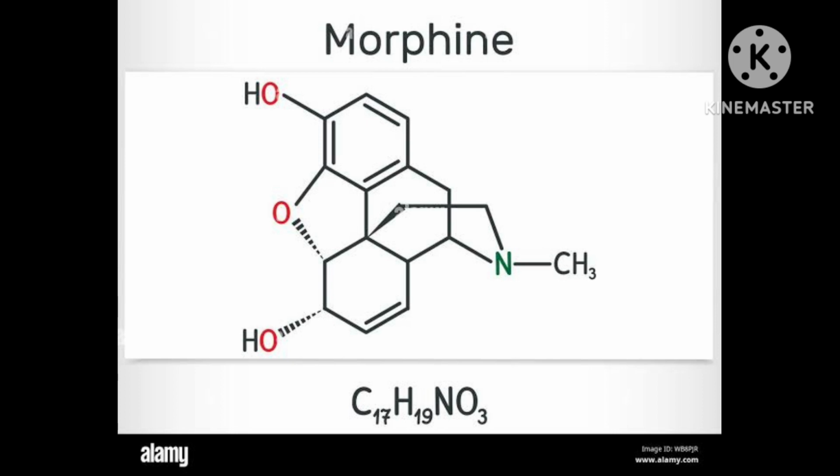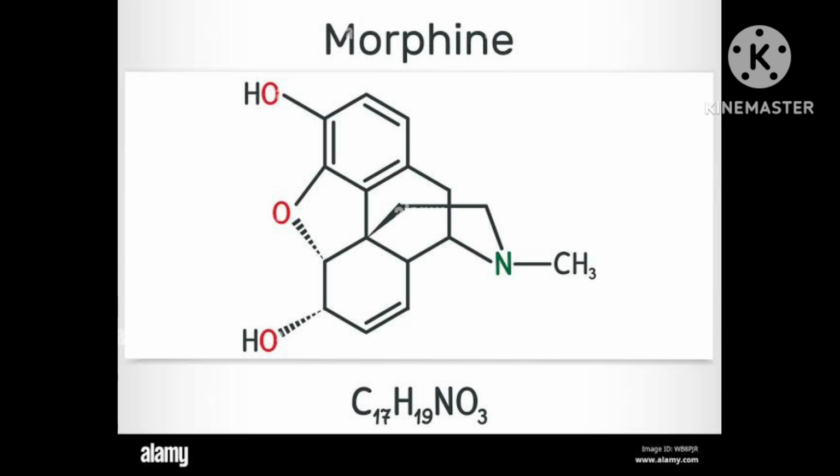Heroin, commonly called smack, S-M-A-C-K, is chemically diacetyl morphine, which is a white, odorless, bitter crystalline compound. This is obtained by acetylation of morphine.